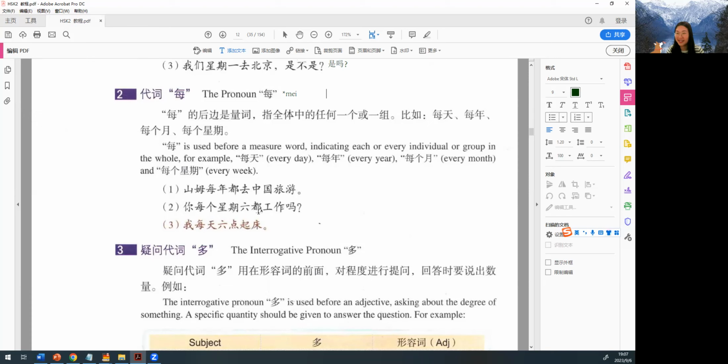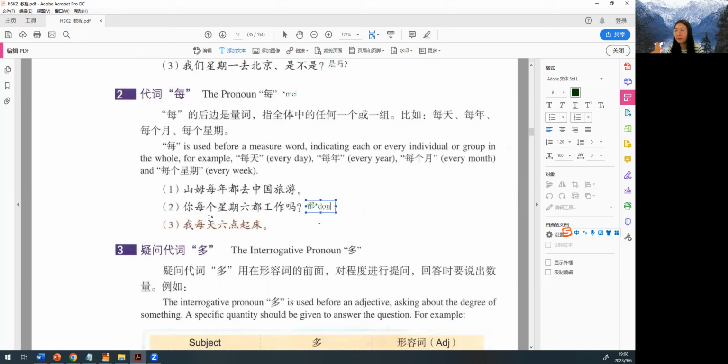是啊，我每个星期六都工作. So here, a little bit of new knowledge is the 都. The pinyin is dōu here. Why do we add the 都 in this statement? It's a very common use when we use every to emphasize that I have to do this every period.